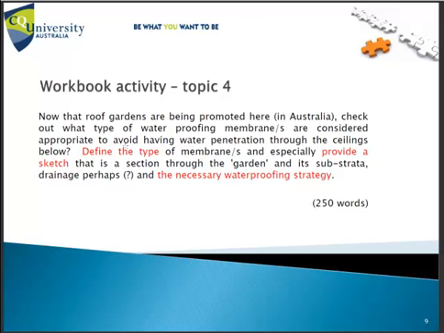There are 3 tasks you should do in this week's workbook activity, which is to first define the type of building membranes and provide a sketch. Please do not use the sketch I have provided in this presentation. And of course, you will have to provide the necessary waterproofing strategy.